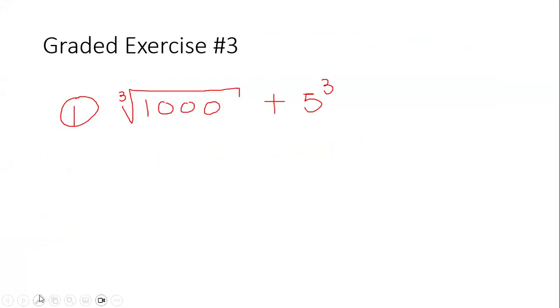Okay, so the cube root of 1,000 is what? 10.